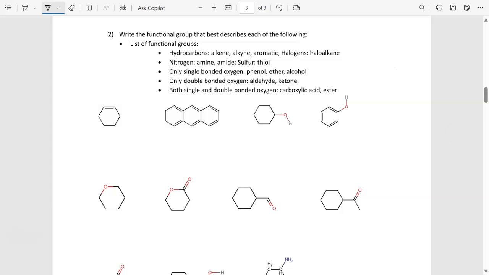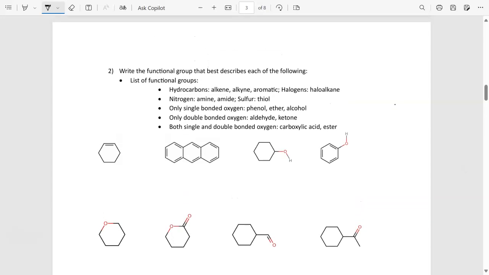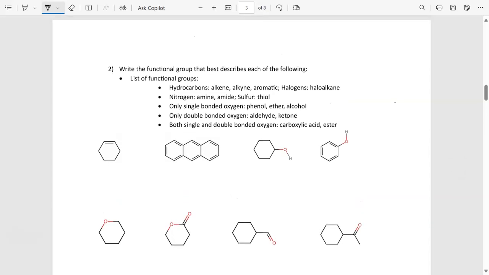So when I'm dealing with the types of questions where I'm spotting a functional group, I'm always asking this primary question: are there any heteroatoms? And if so, what type of heteroatom?